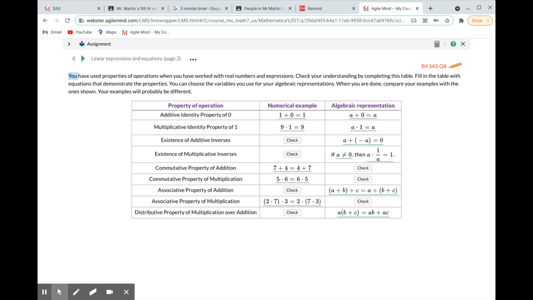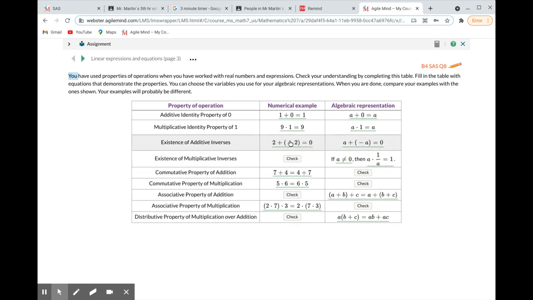The next one is the existence of additive inverses. That means that a number plus its opposite will equal 0. Can someone come up with an example for that? What's the opposite of 2? Negative 2. So if we did 2 plus negative 2, what would that equal? Wouldn't it equal 0? That's right. Perfect.